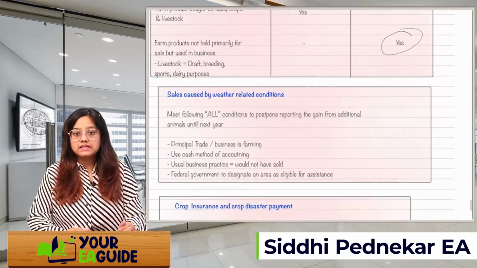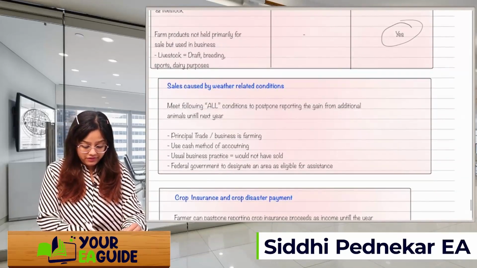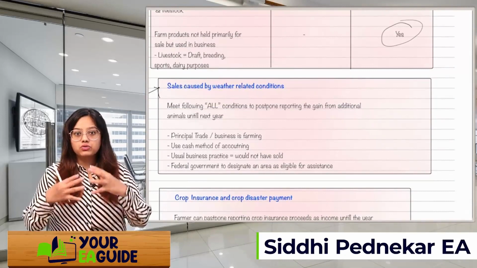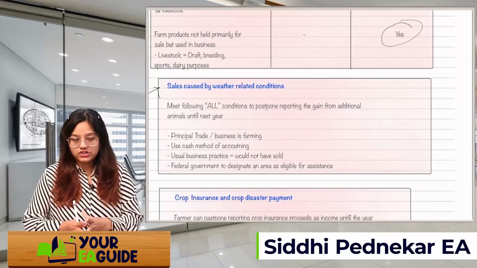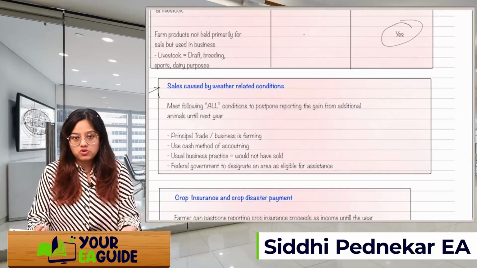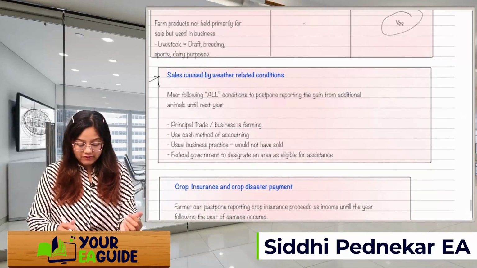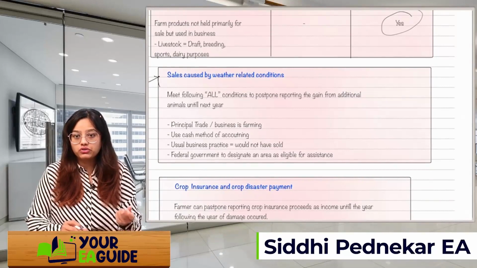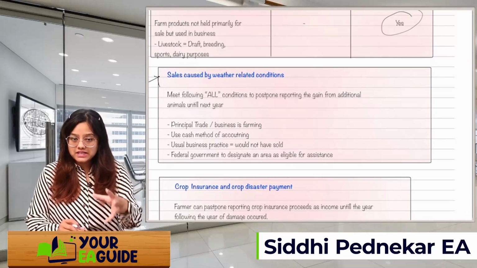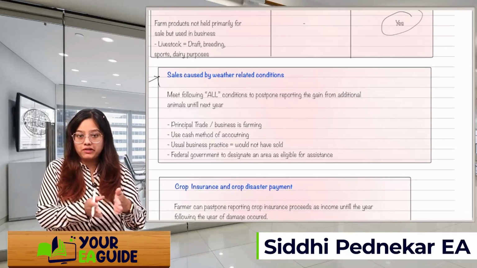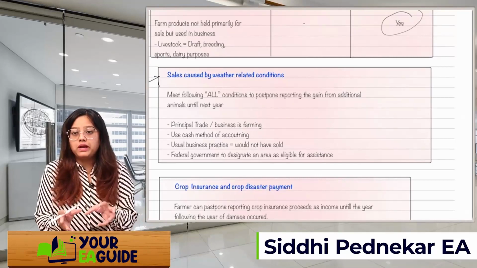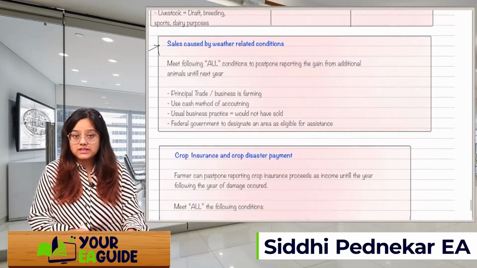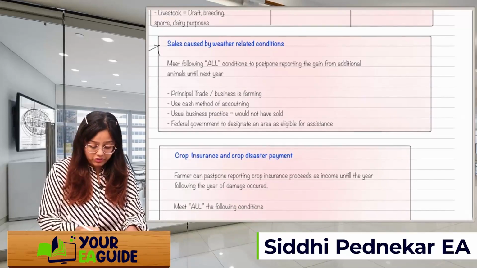Okay, next is if the sales are reduced due to some weather condition. In the farming business, the weather is most important. So if the sales are reduced due to weather, or you incurred a loss, or you want to pay a lesser tax, what is the remedy for that?